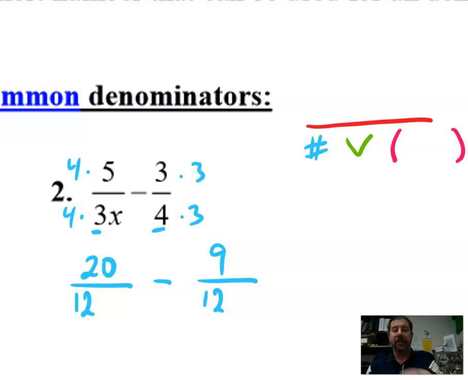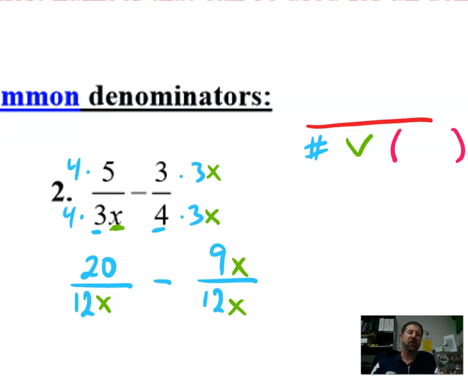After I get the coefficients to match, then I have to make the variable part match. This one has an x. That's good. This one does not. So I'd have to also multiply by an x on the top and bottom so that both bottoms would have an x in it. Okay? And so 3 times 3x now is really 9x.